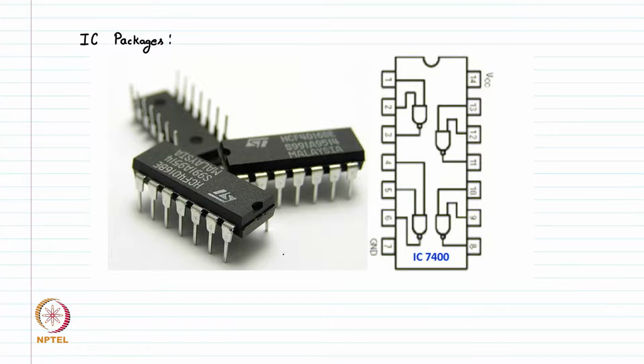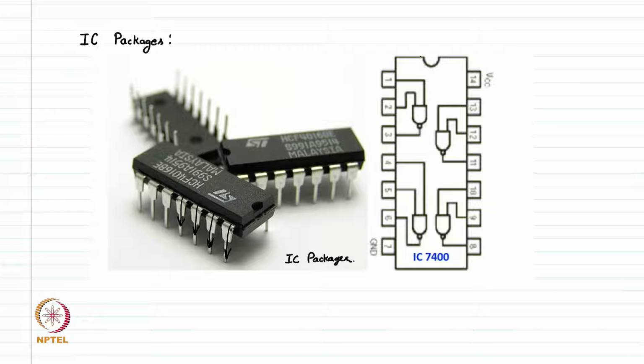These are the IC packages, made by their respective manufacturers. So this is a dual inline package where we have an IC, and on both the sides we have these pins coming out which connect this IC to the board.